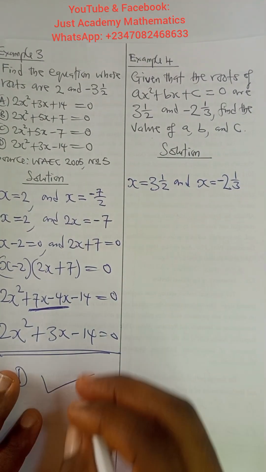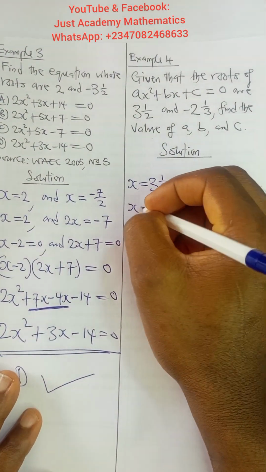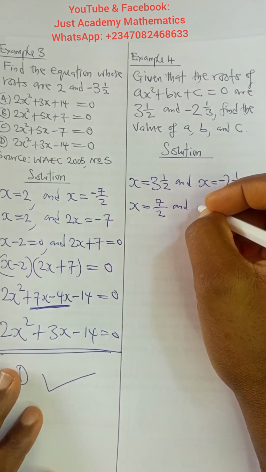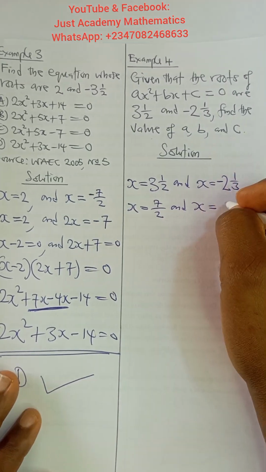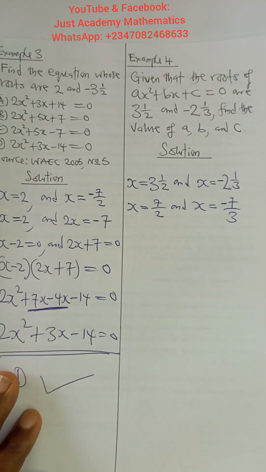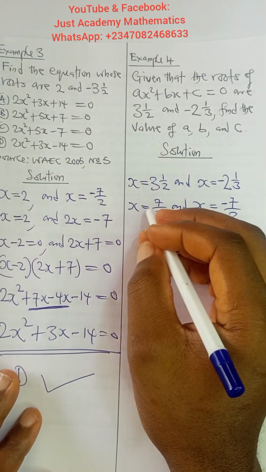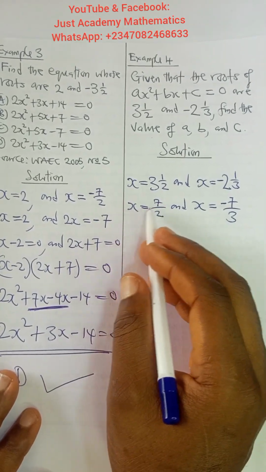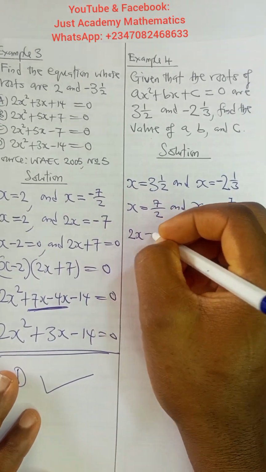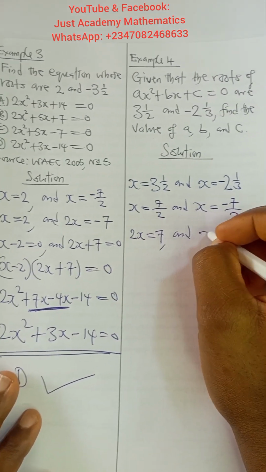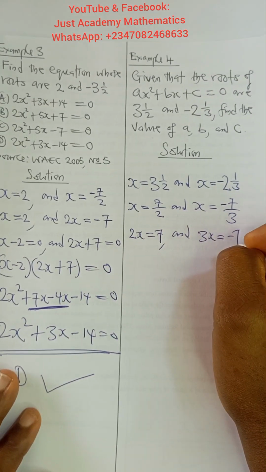We convert both to improper fractions. x is equal to 7 over 2, and x is equal to minus 7 over 3. Of course, if you multiply both sides, you have 2x is equal to 7, and 3x is equal to minus 7.